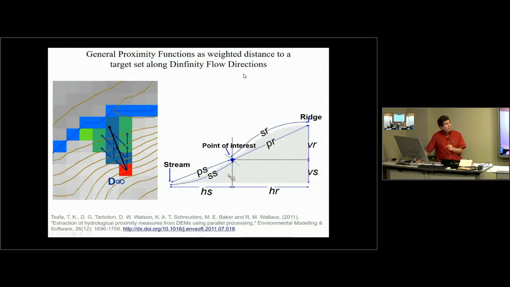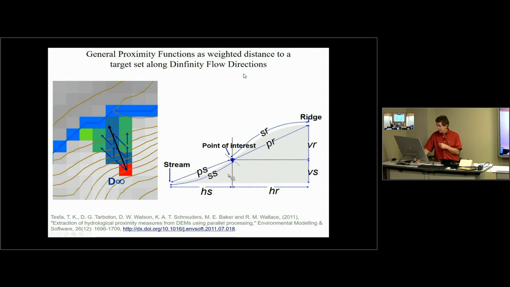There's a lot of general functions that do that, and that led us to write this paper on proximity measures, where for a point on a hill slope, working back from a stream up these D-infinity flow directions, we could do things like calculate the height you are above the stream or the distance you are from the stream in a horizontal sense, in a vertical sense, along the slope, in a straight line.